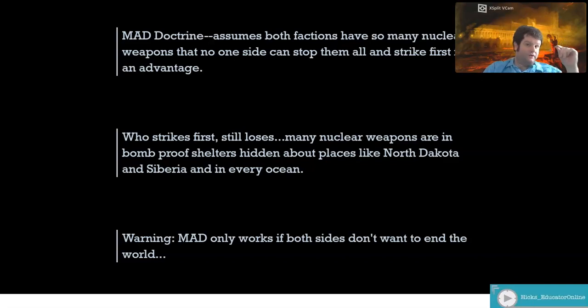MAD Doctrine is part of the reason for world peace, the fact that we didn't get a World War III. But one of the things you have to keep in mind with MAD Doctrine is that we can only say MAD Doctrine worked for the Cold War because, one, the Cold War between the U.S. and the Soviet Union ended, and two, both sides did not want themselves to be wiped off the face of the earth, and so they had a strong motivation to not end the world.